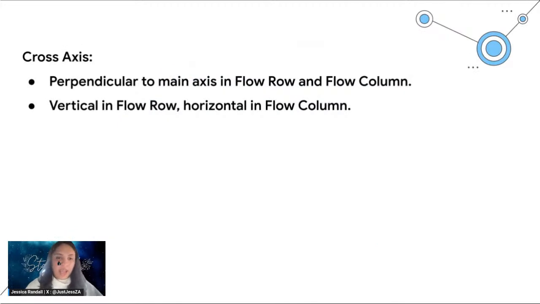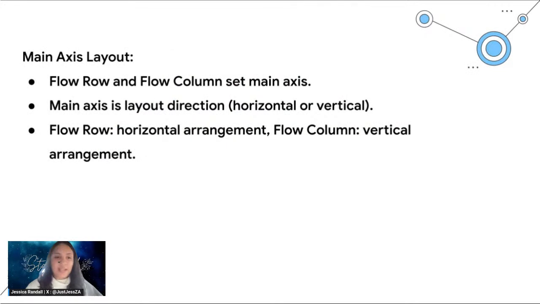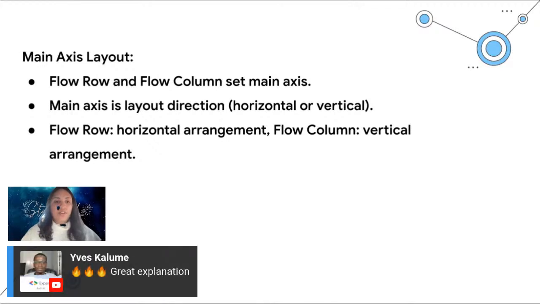So cross-axis arrangement is perpendicular to the main axis. For main axis arrangement, you have flow row and flow column that set the main axis, and the main axis layout direction is horizontal or vertical.